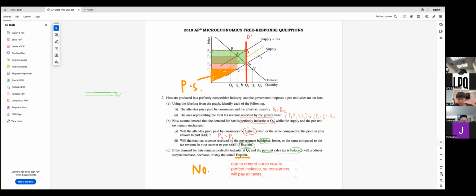So the size of tax has no relationship with how big the producer surplus is. So our final answer is: stay the same.